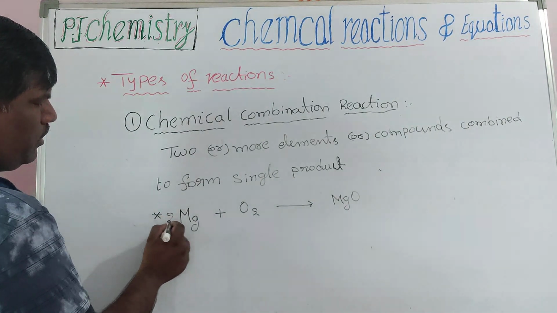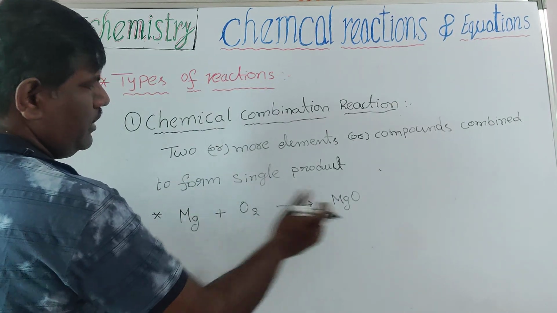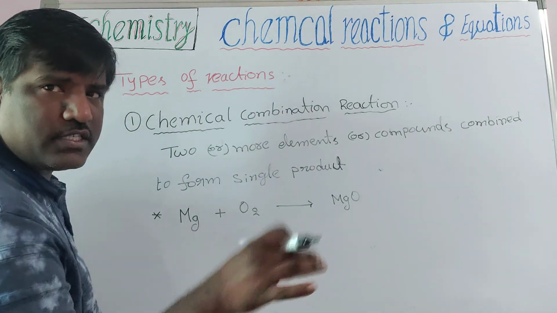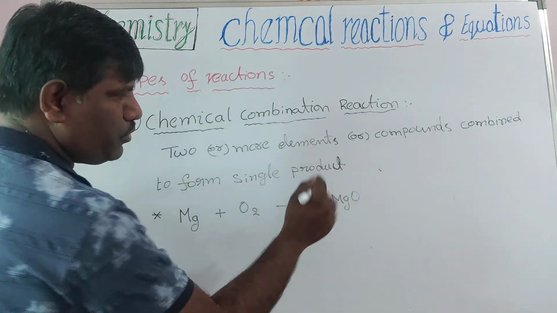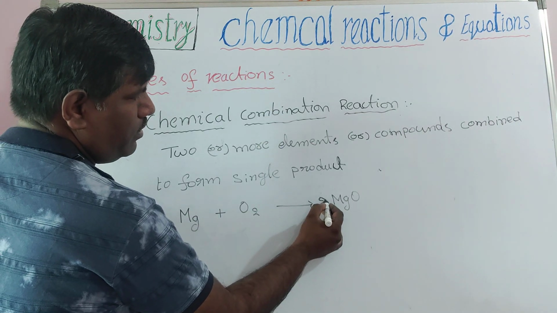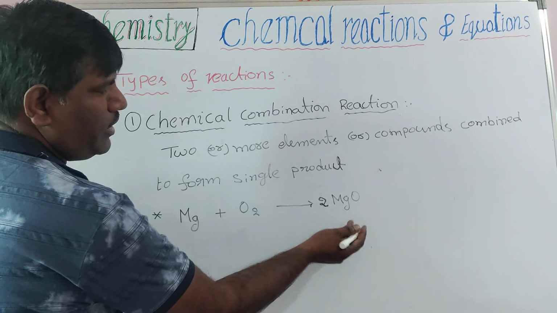Balance it. While balancing, if you observe the two sides, the product side has a single substance. Whenever a single substance is there, first multiply that with 2. After multiplying, balance the remaining.